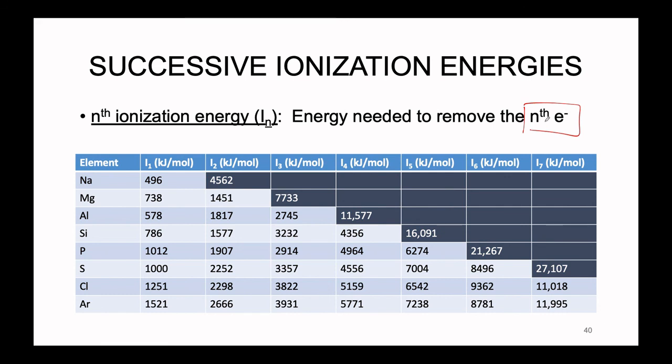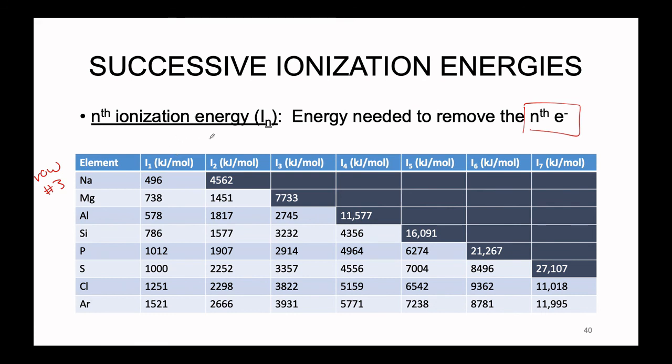So in the table down below, what we have written are each of the elements going from sodium to argon across one row of the periodic table. So here we are looking at row number 3 on the periodic table, again from sodium across to argon, top down on this table.